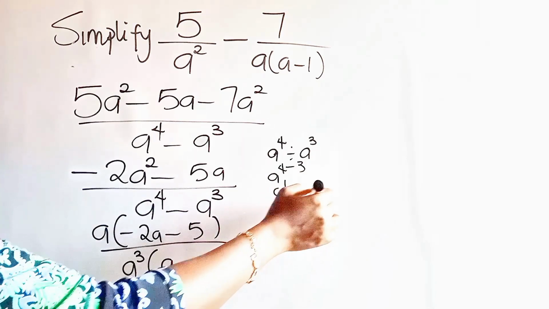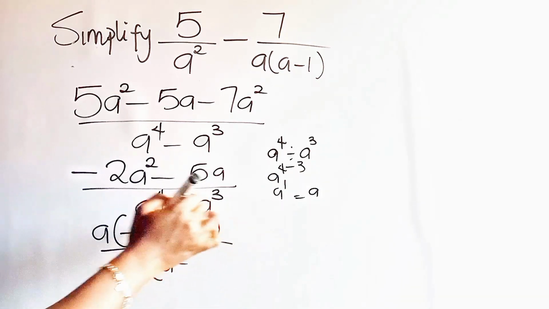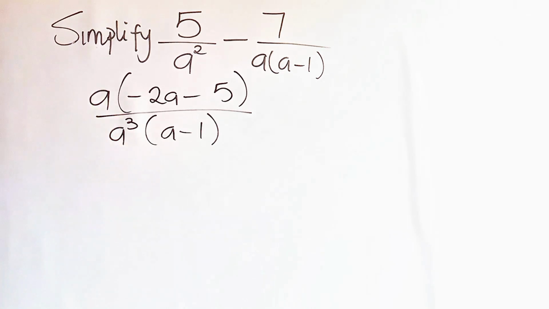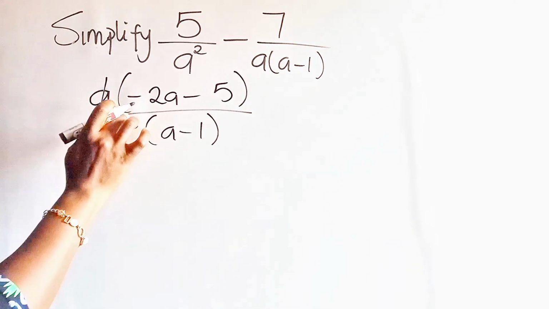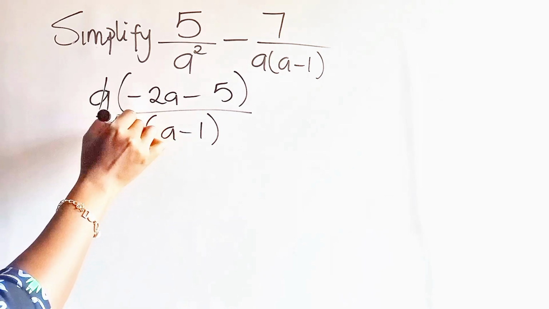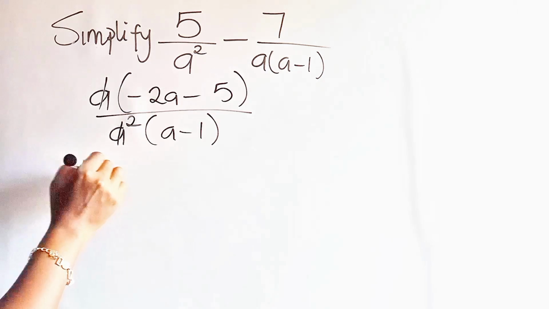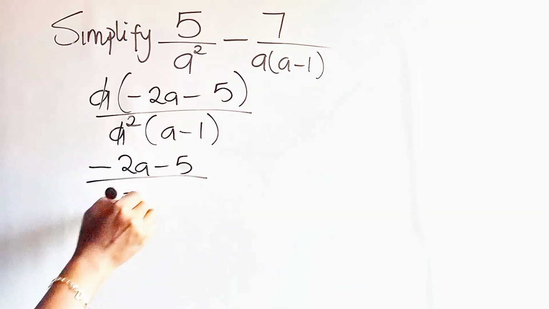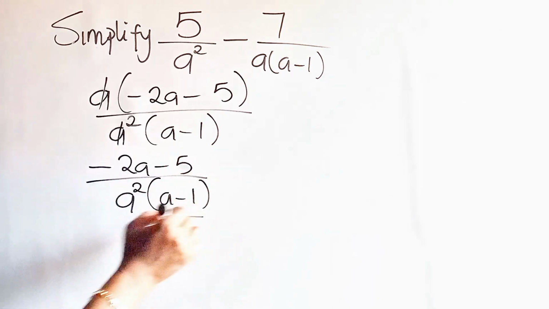And a raised to the power of 1 is the same as a, and that's why we have a here. And over here, a raised to the power of 3 divided by a raised to the power of 3 will give us 1, right? So we can cancel out these common terms. We cancel out one of the a's here, and we'll now be left with a raised to the power of 2. So at the numerator now, we then have minus 2a minus 5 all over a raised to the power of 2 into a minus 1 as the answer.